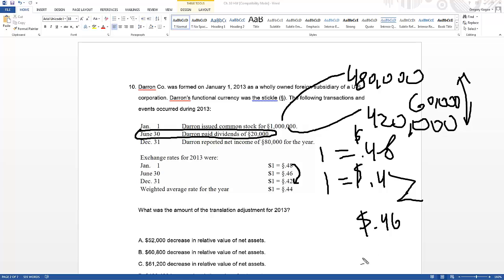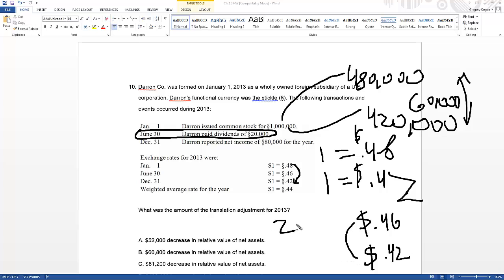At December, for every stickle we paid out, the worth is only 42 cents. Had we paid out the dividend in December, we would have saved 4 cents a stickle. But we paid it out back in June.